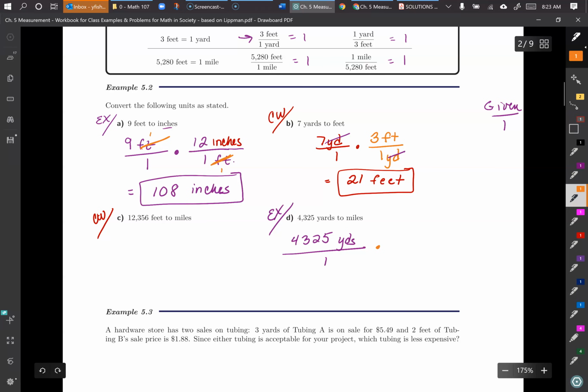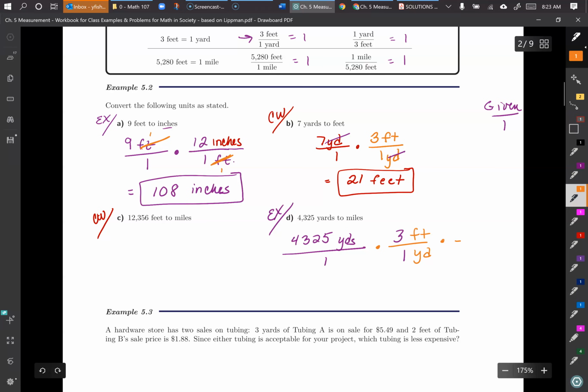So we're going to multiply by, I want my yards on the bottom, and I would want my feet on the top. So there's 3 feet in 1 yard. And those crisscross so they can cross out.